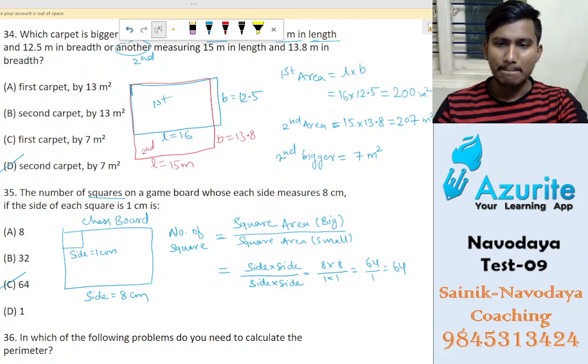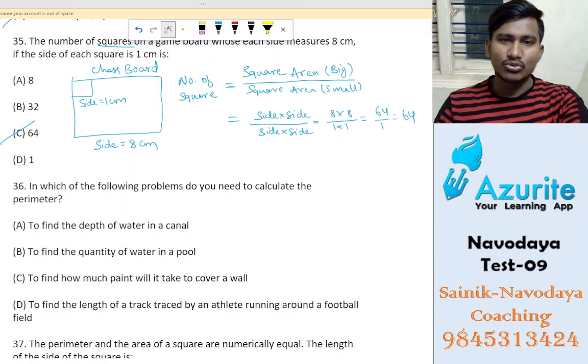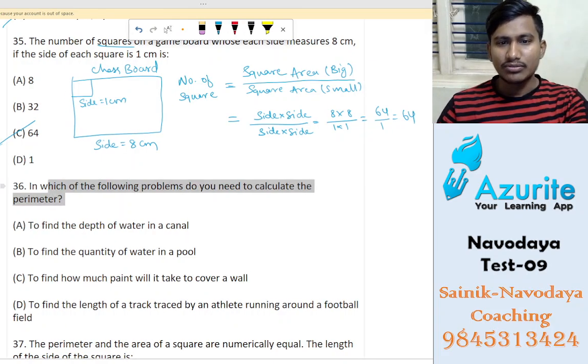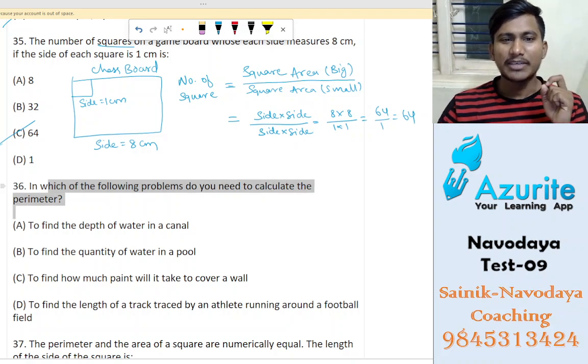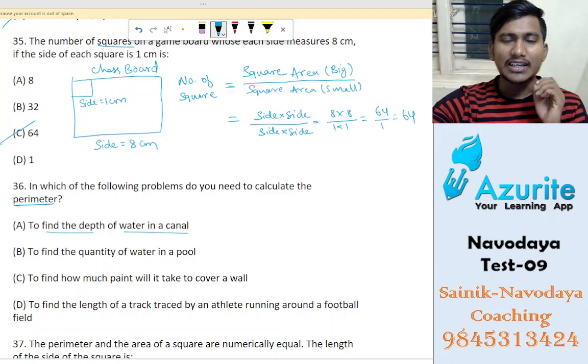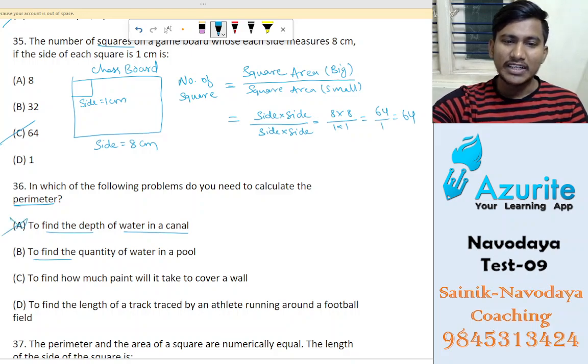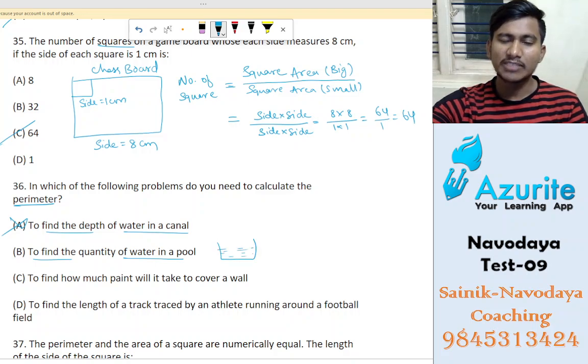Okay. Yes, sir. Students, see here, 36 question. 36 question is easy. So how to do? Which of the following problems do you need to calculate perimeter? So we have to find where we have to calculate perimeter. To find the depth of the water in a canal, do we have to find the perimeter? No. To find the quantity of water in the pool, we don't need perimeter.